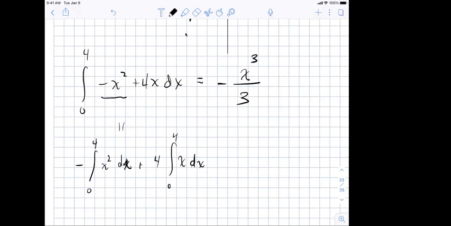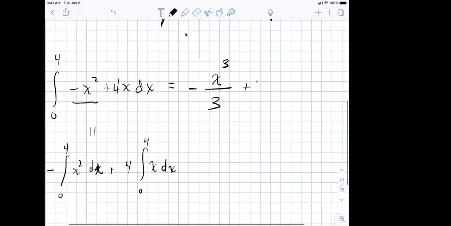So negative x cubed over 3, and then plus 4 times what? X squared over 2, yeah. You have to divide by your new exponent. Okay, so I'm going to plug in 0 and 4 into this.